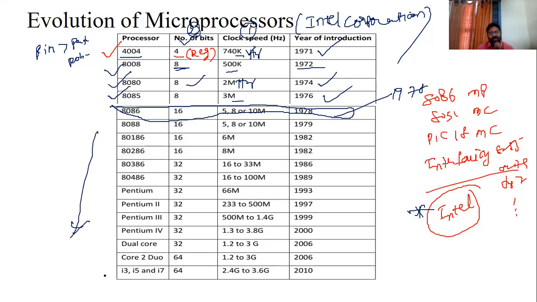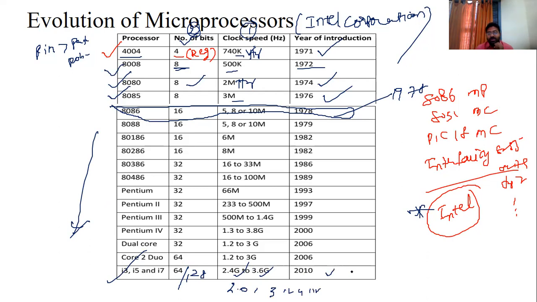Now see this. The i3, i5 and i7 that you are using are 64-bit, and 128 bits is also possible. They have speeds of 2.4 gigahertz, 3.6 gigahertz, 2.0 gigahertz, 3.2 gigahertz. Different speeds are available. These were invented in the year 2010.